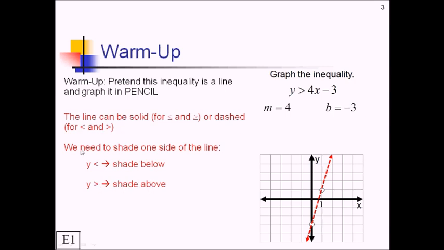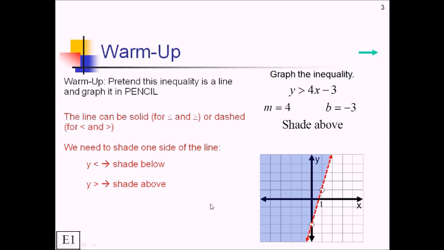So when you're talking y values, less than means below, greater than means above, up versus down, right? Here, since we've got a greater than, we're going to shade everything above the line over here. And keep in mind, this has nothing to do with left and right. This is all about below and above.